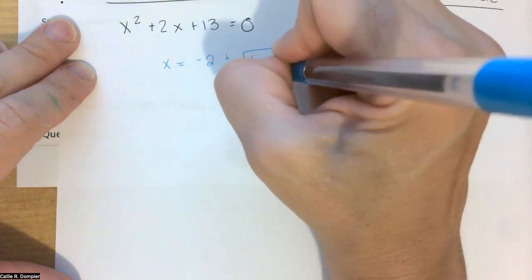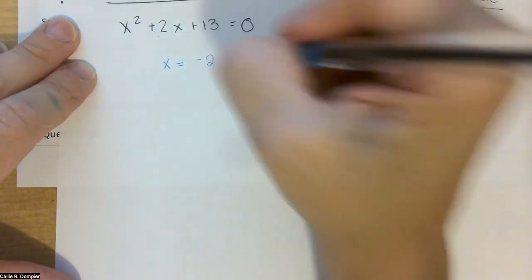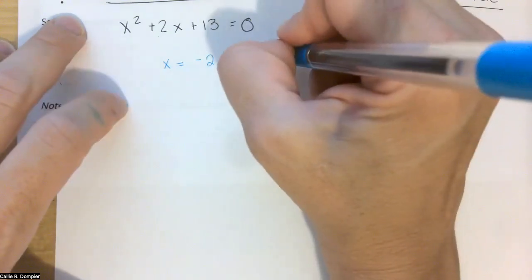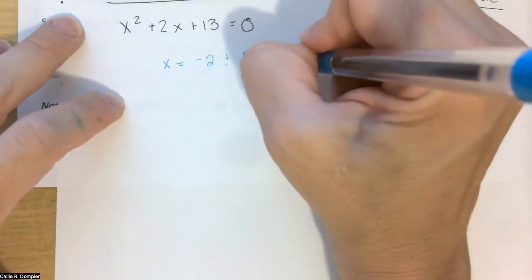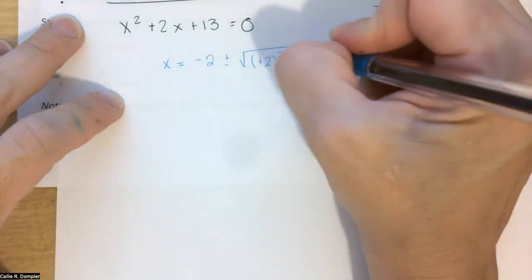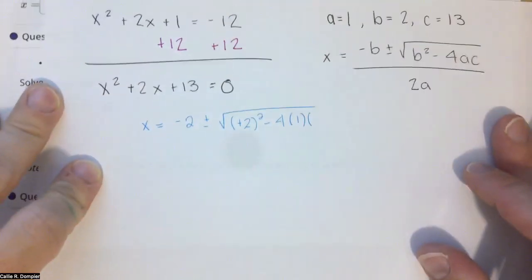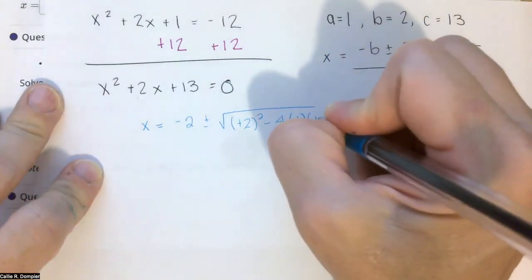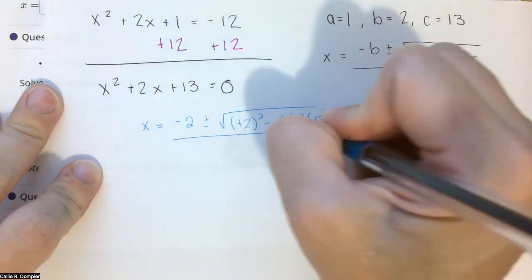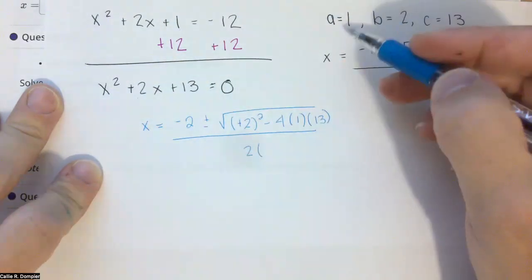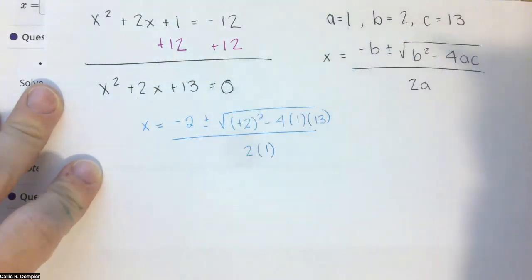Using the quadratic formula, x equals negative 2 plus or minus the square root of 2 squared, positive 2, sorry, it's negative here, 2 squared minus 4 times 1 times 13, all over 2 times 1. Good.